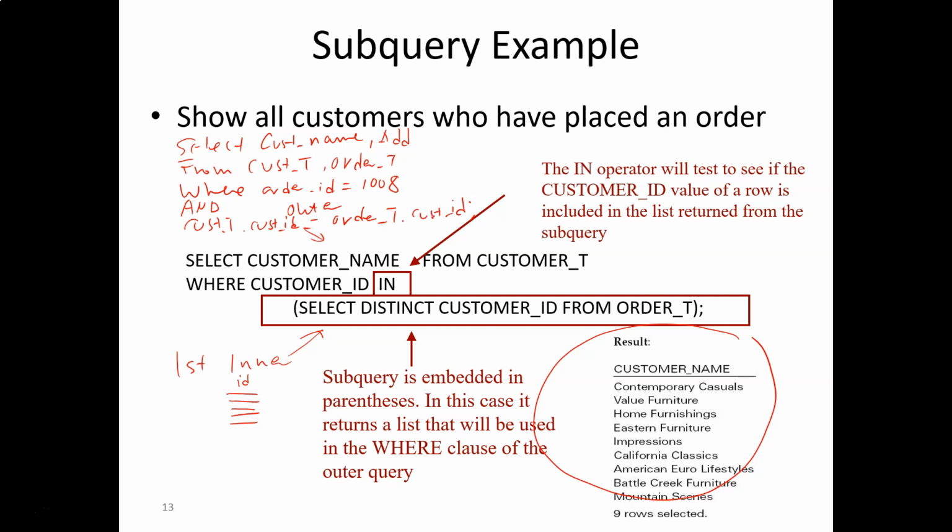Or you can use a subquery. You can do select customer name, address, okay, from the customer table where the customer ID equal to, then you do an inner query.